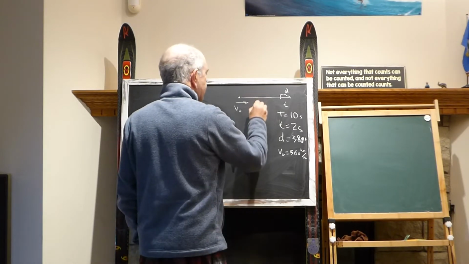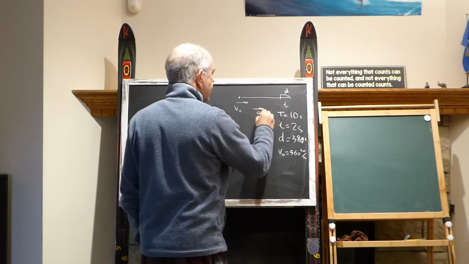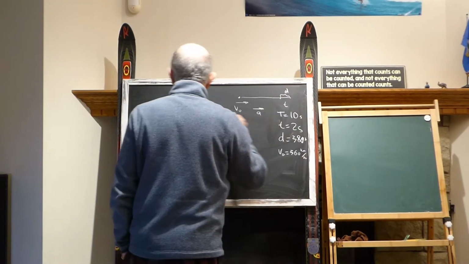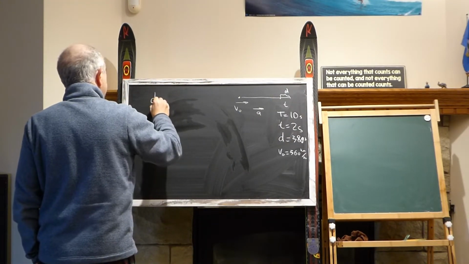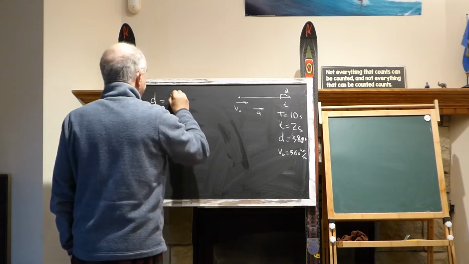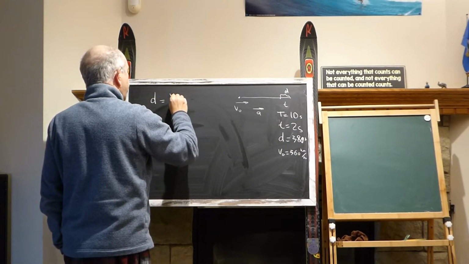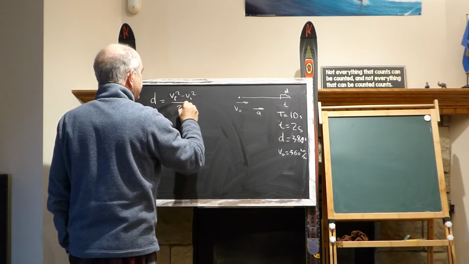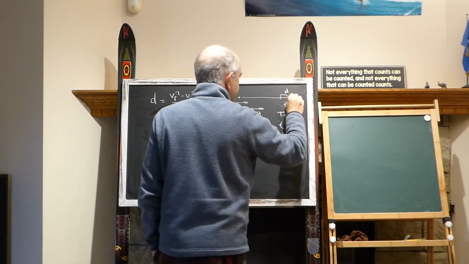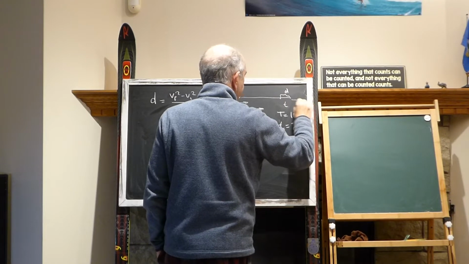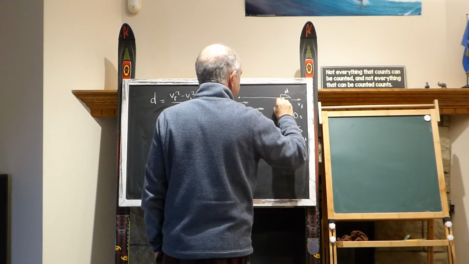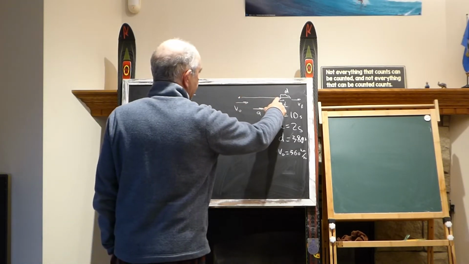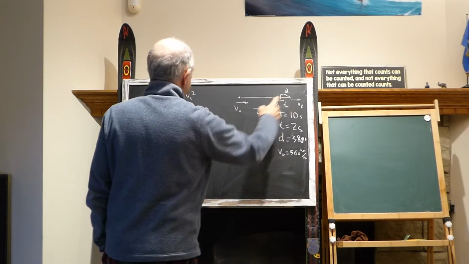But anyway, it's all going with the same acceleration, and we have the last distance, and it's so tempting to write d equals v final squared minus v1 squared over 2a. This is v final, and this is v1. v1 is the speed at the end of this interval, and it is also the speed at the beginning of this interval.